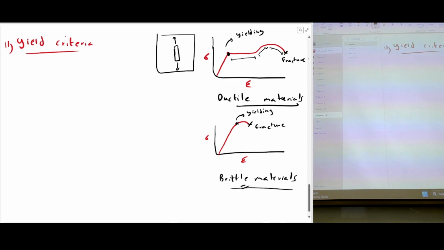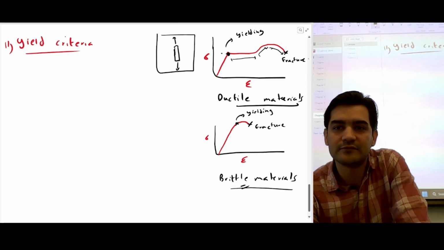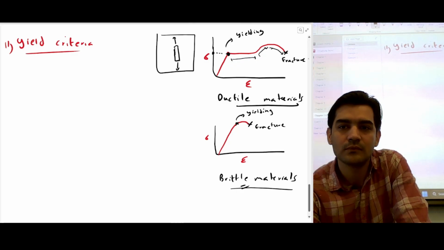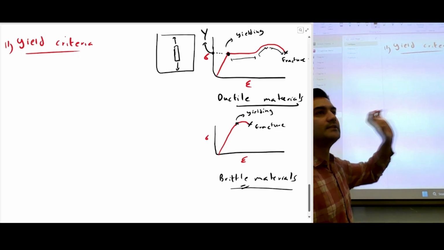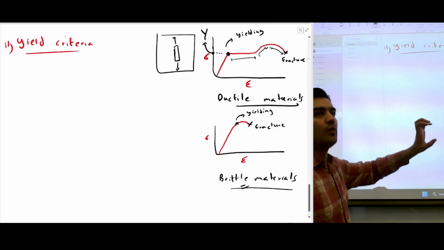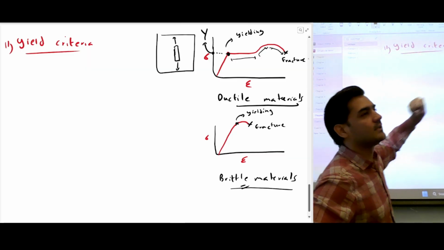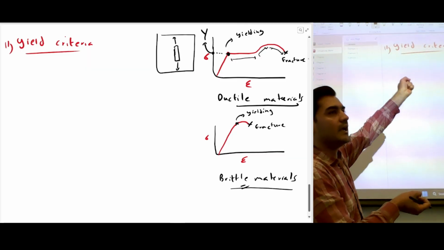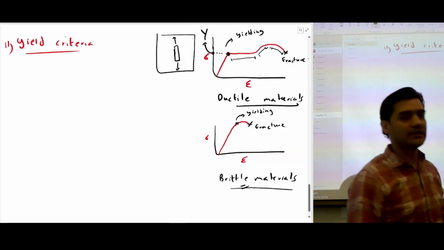If it's a ductile material, you can calculate this stress value, which I'm going to represent as σy. This is the given stress where the material will start yielding in this loading condition. When you have a uniaxial loading condition, the material will yield at this stress level.